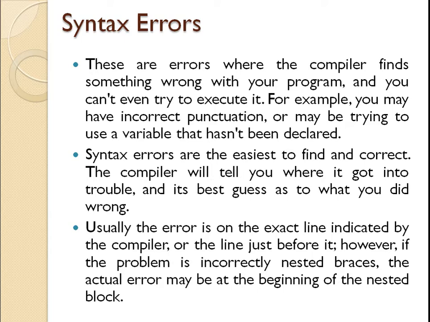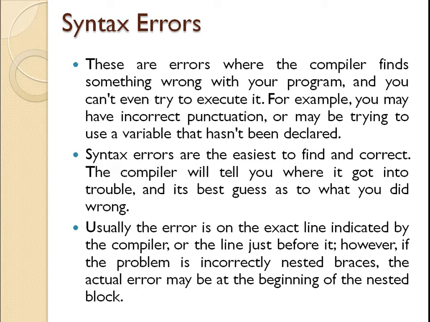Usually the error is on the exact line indicated by the interpreter or compiler, or it can be in the line just before it. However, if the problem is incorrectly nested braces, the actual error may be at the beginning of the nested block. Mostly when you are working with Python, the interpreter will report some error, and it is most probable that the error is at the same line where Python is indicating.